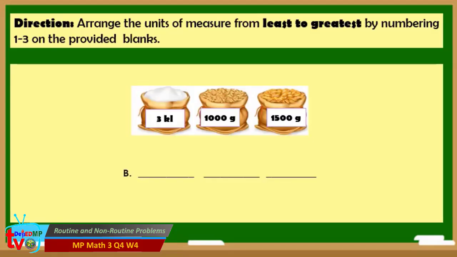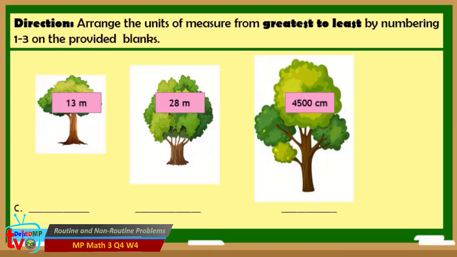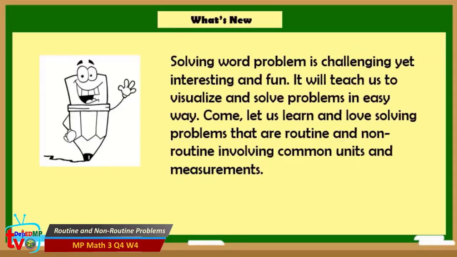For letter B, we have 3 kilograms, 1,000 grams, and 1,500 grams. And for letter C, 13 meters, 28 meters, and 4,500 centimeters.